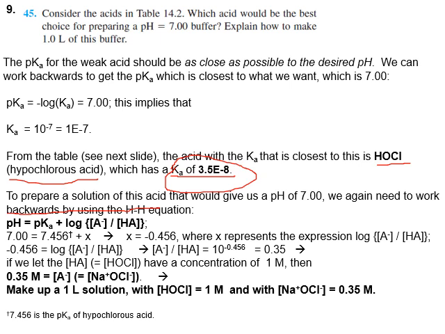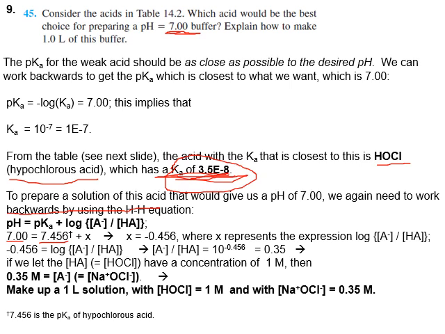We're going to use minus the log of that for the pKa, and then the pH is from the problem statement, that 7 right there. So put the 7 under the pH, and when you do minus the log of this number right here, you get 7.456.